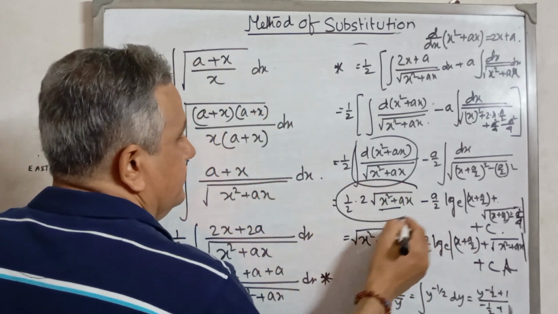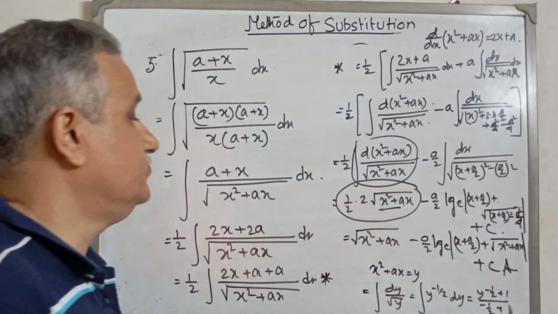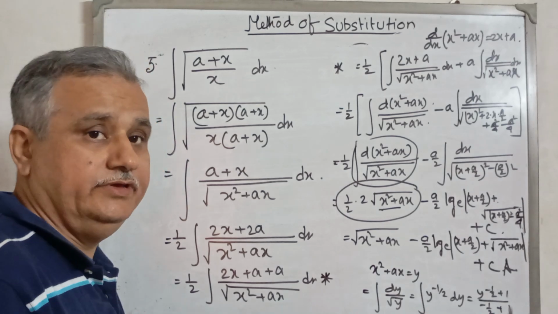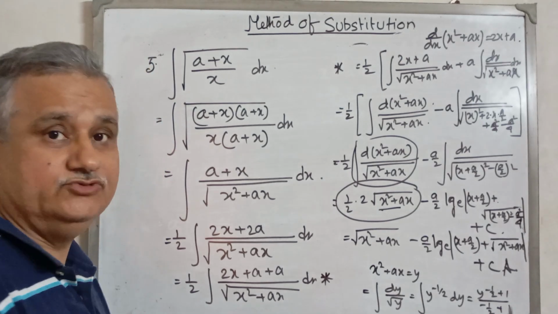Here we write 2 root over x square plus ax. So we conclude our method of substitution part.